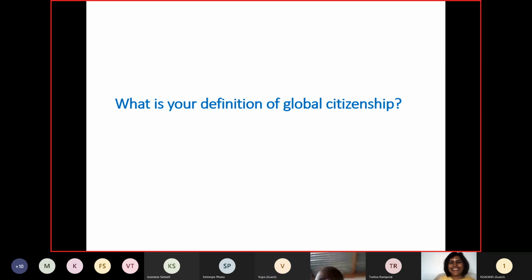Now, talking about global citizenship, I think it all involves a learner who becomes part of the globe due to the skills that he or she has acquired from the school level.